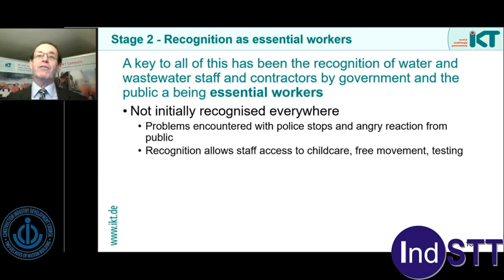You get angry reactions from the public, seeing people working in the road saying, you're going to give us this disease, what are you doing here? And having to explain to them that actually it was essential that their water and their sewerage was maintained. And then in many cases as well, it was necessary to be an essential worker in order for staff to be able to work if there was childcare or free movement or even testing services available for essential workers only.